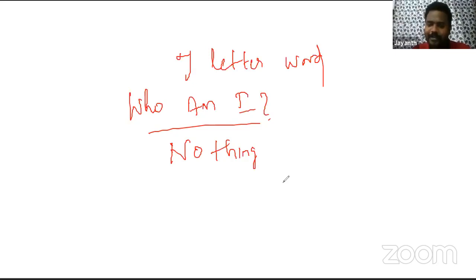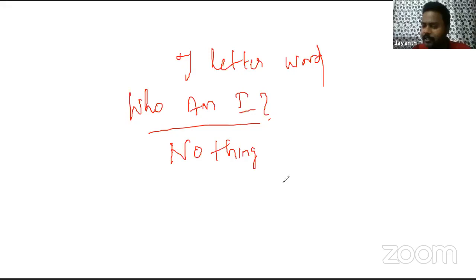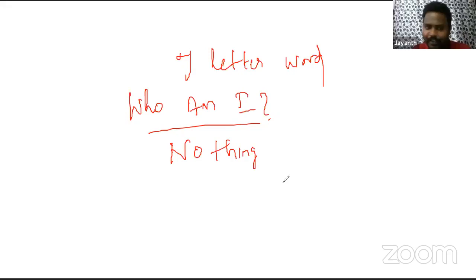Sanjana, you got it. Did you already know this, or did you Google it? No, sir, actually I heard it from somewhere. Someone asked me this a few months ago. Oh okay, fine. The answer is what? Postbox. Excellent, good. The answer is postbox.